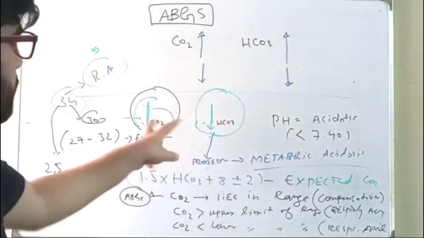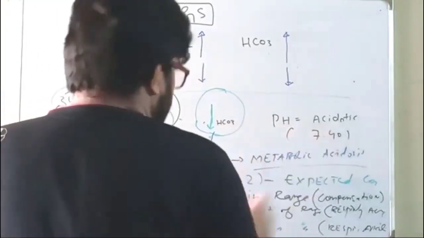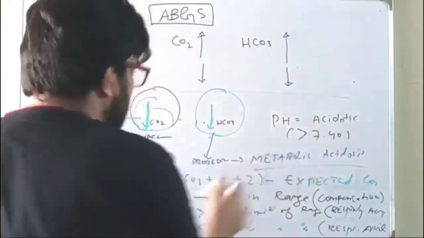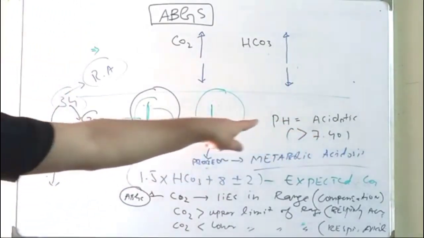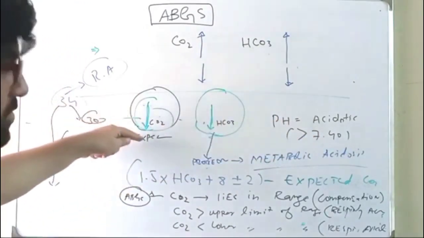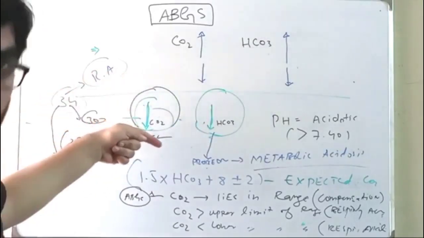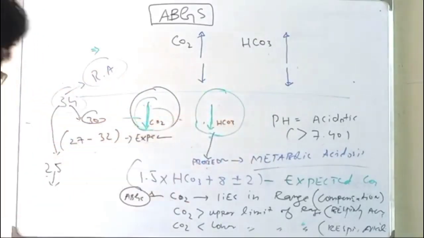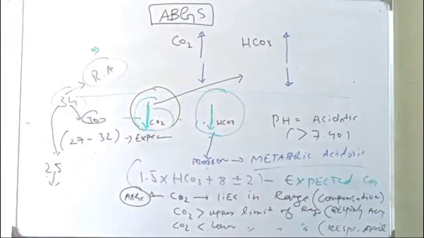Another is if both the arrows are moving downward and the pH is alkalotic. Now if this is alkalotic, which one is causing this? Decrease in CO2 or decrease in bicarb? Decrease in bicarb causes acidosis. It is actually the decrease in CO2. So the problem arrow will be respiratory alkalosis.